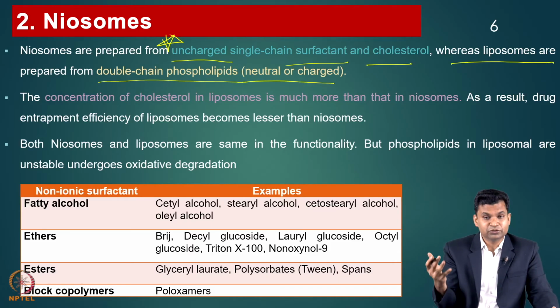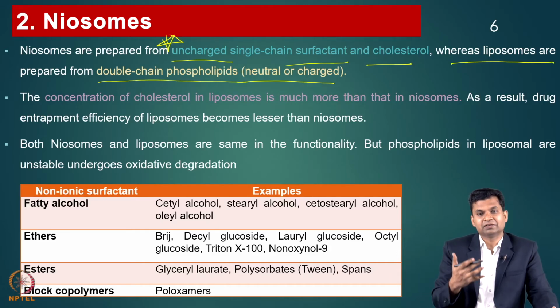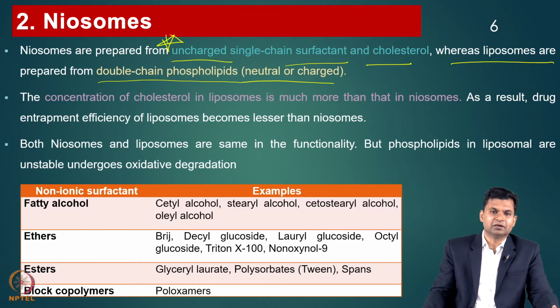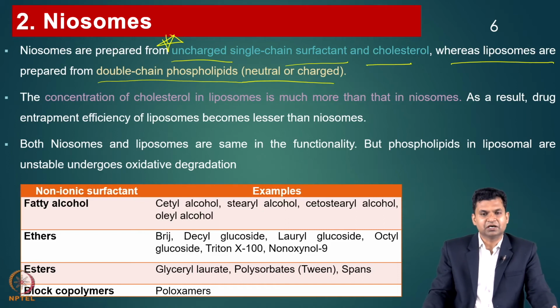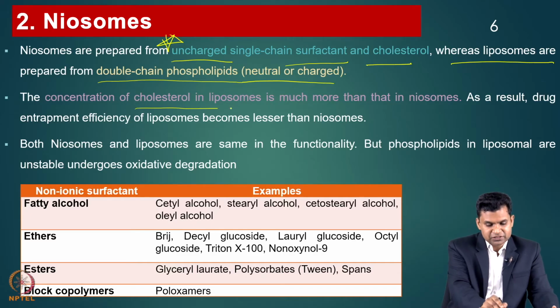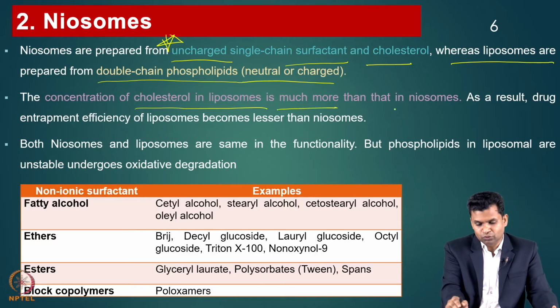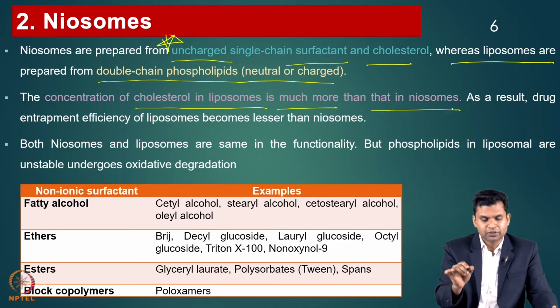If you use a neutral lipid, it will not give any charge, and if you use an anionic type of lipid, it will give a negative charge, and there are cases where you can also use cationic lipids, which will give a positive charge in the finished dosage form.